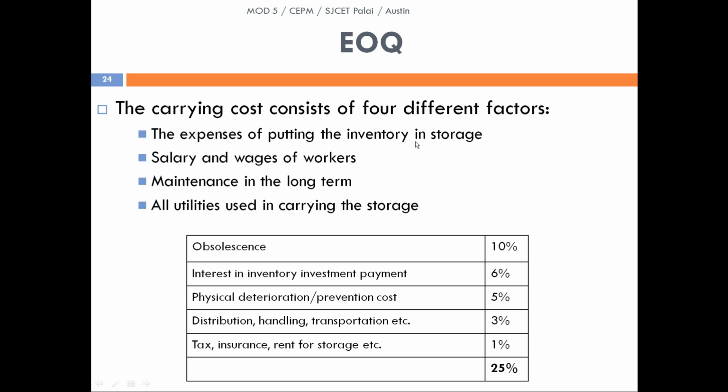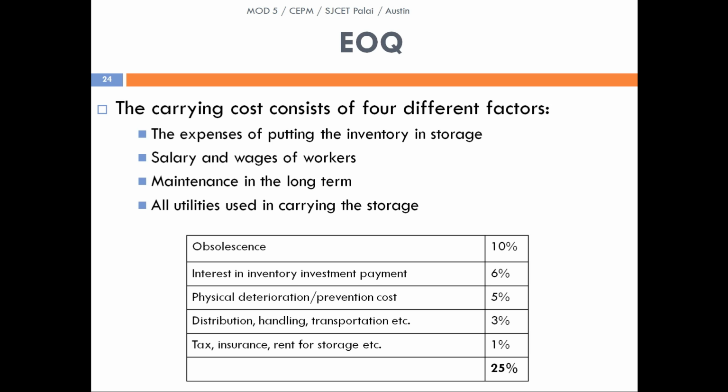This involves the expenses of putting the inventory in storage, the salary and wages of the workers who are doing the storage activities, maintenance for a long period of time, and all utilities used in carrying the storage. The materials, as we have seen, may be of different categories. Some may require specific care, some may not.